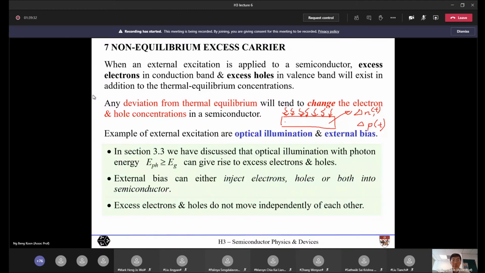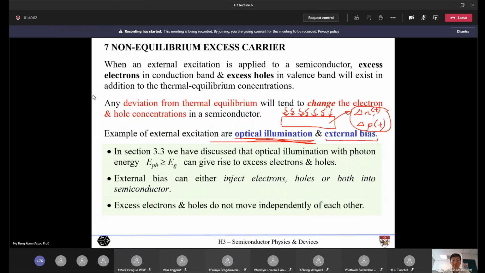So in terms of changes with respect to position, there's zero. There's no change. It's the same everywhere. So the only thing that will change is with respect to time. At any X position, the change is the same, because we are illuminating it uniformly. So what we're trying to find out is how the excess carrier varies with time. That's the first non-equilibrium condition that we'll be talking about.